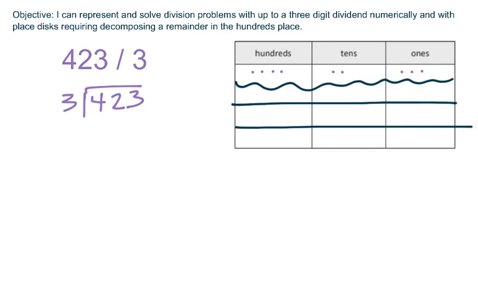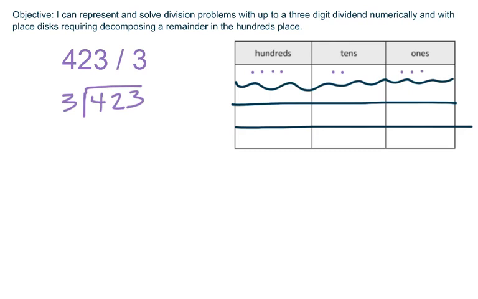If I were to have a remainder in the tens, that remainder is not just equal to 1, it's equal to 10. And I can always divide up 10 more, or hundreds more, than I would be able to divide up a 1.